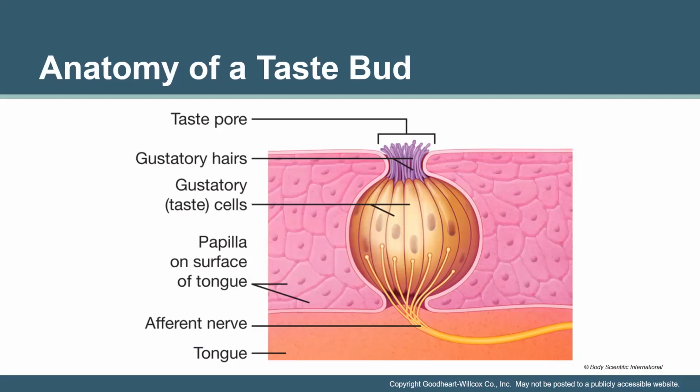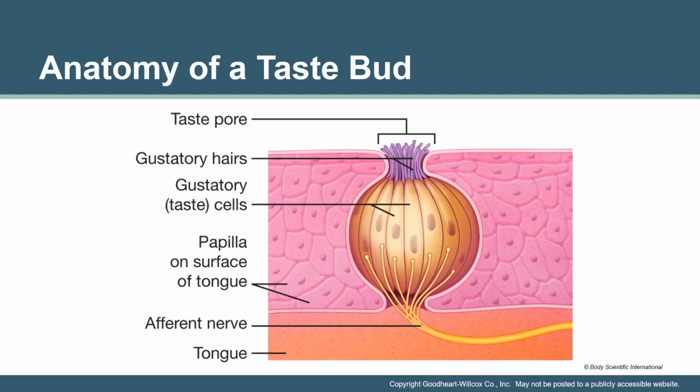These are receptors for our sense of taste. They're all over the interior of the mouth, including on the lips, sides, top, and back of the mouth. So when we talk taste receptors, it's not all about the taste bud on the tongue.